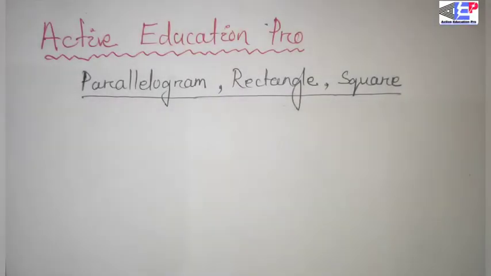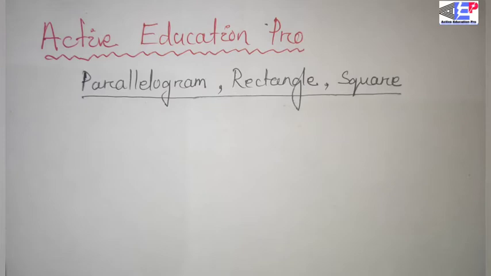Today this is an interesting video. In this video I am going to compare three special types of quadrilateral: parallelogram, rectangle, and last but not least, square. In my last three videos we have already discussed the parallelogram, rectangle, and square individually.